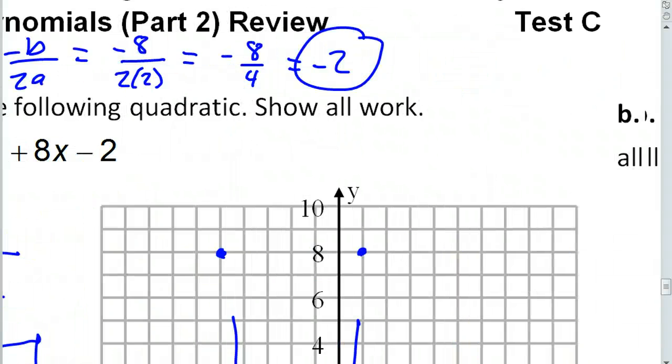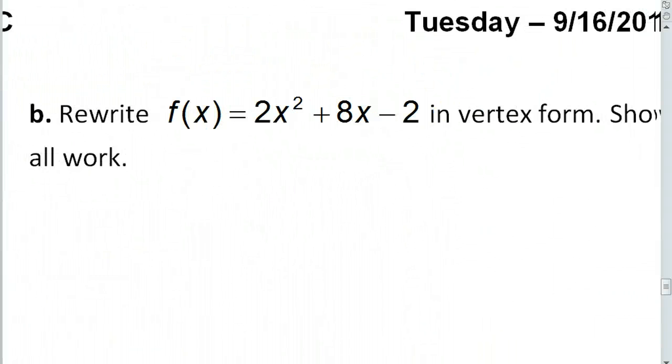Now, what I really wanted to review was how to take a function and write it in vertex form. It's been a long time since we did this, and it was a little tricky. Writing in vertex form involved completing the square.